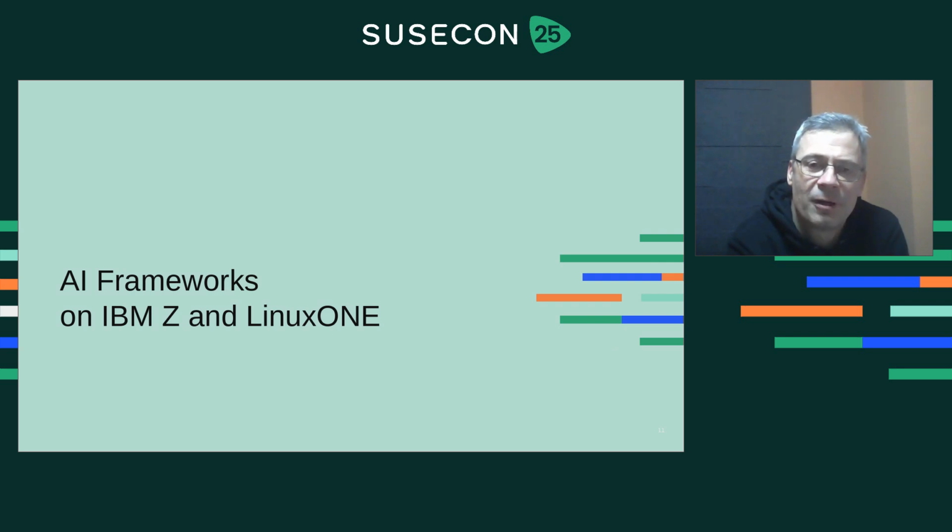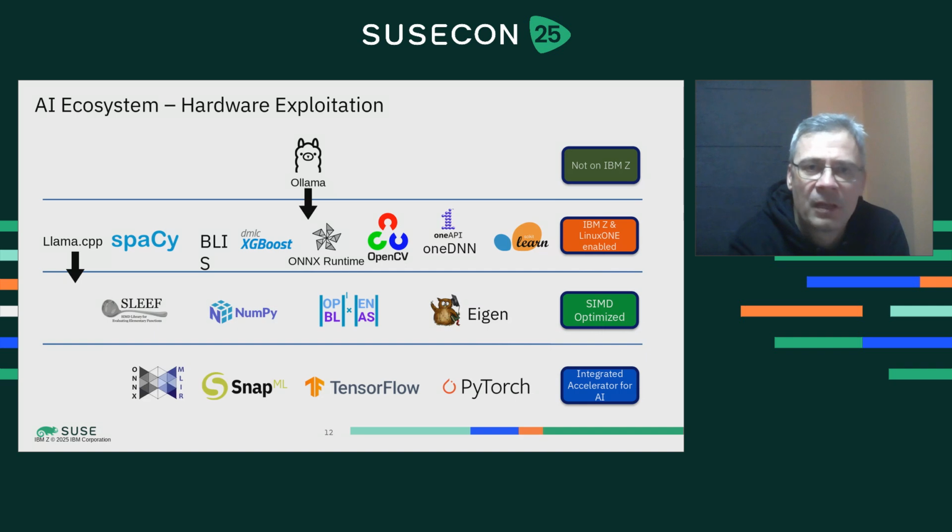Now let's move on to the AI frameworks on IBM Z and LinuxONE. First off, here is an overview of all of the different AI frameworks we have. We distinguish between 4 levels of support, while the first one at the top would certainly be a trivial one that's not supported on IBM Z. There's things like Ollama, which is currently in the process of being ported over to our platform.